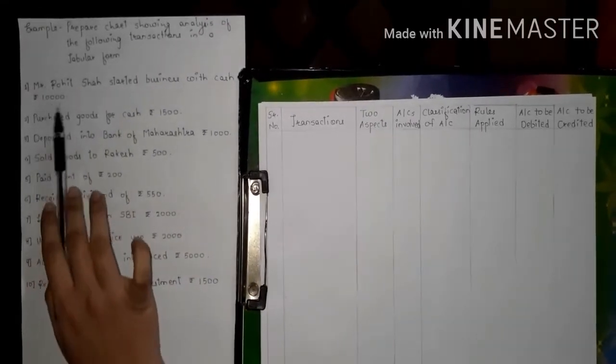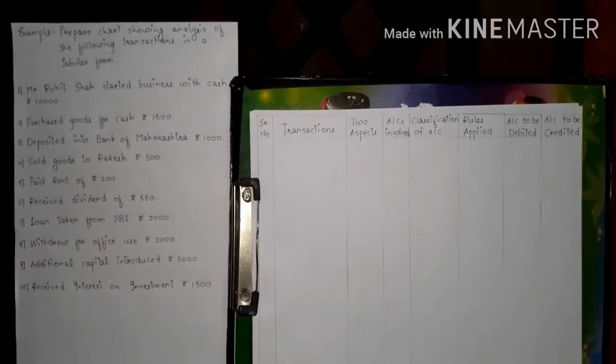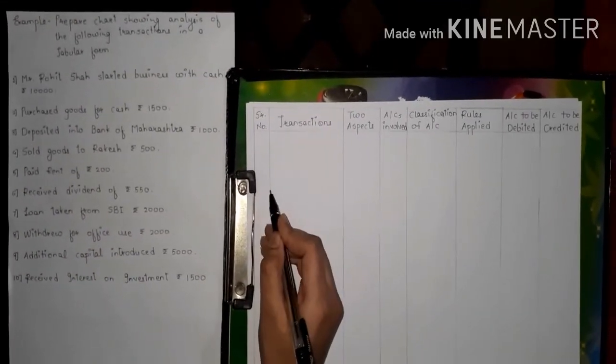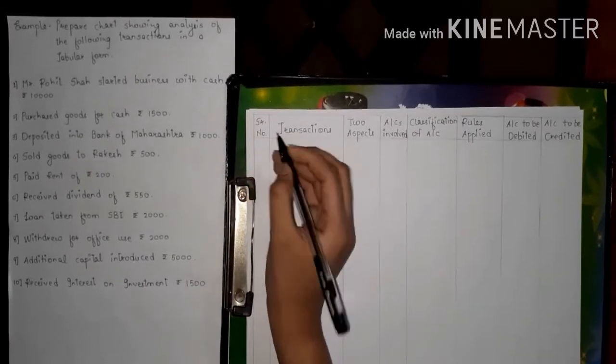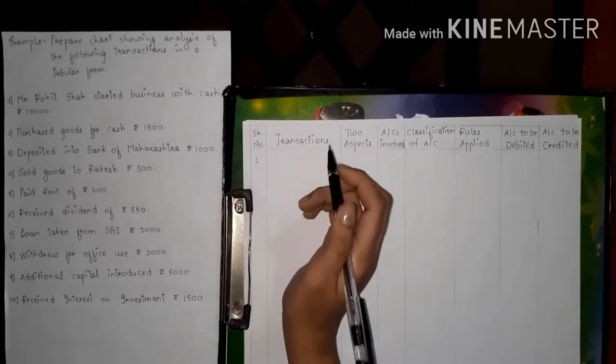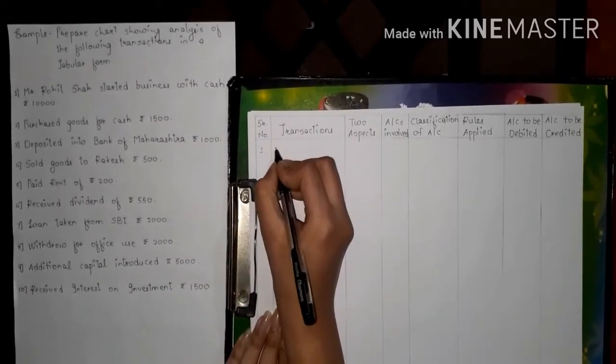The first transaction, Mr. Rohit Shah started business with cash rupees 10,000. Okay, never forget to write the serial number of the transaction you are solving. So we are now solving the first transaction, so we will write it over here first. We will write down the transaction. What is the transaction about?